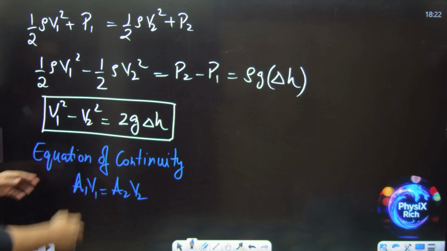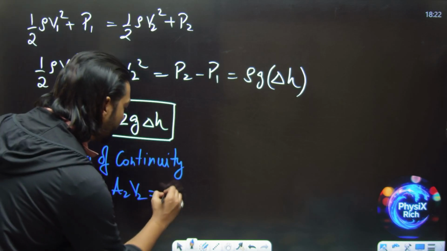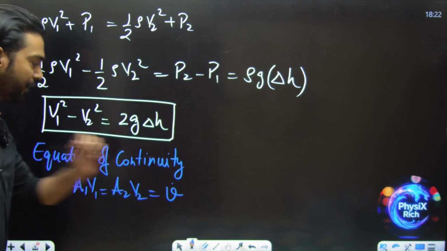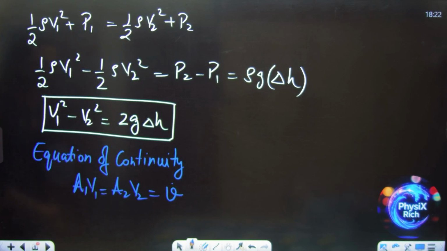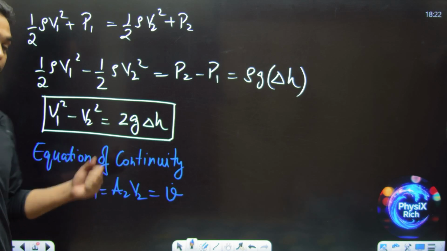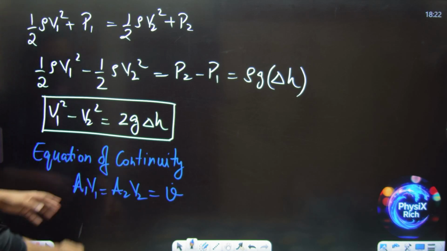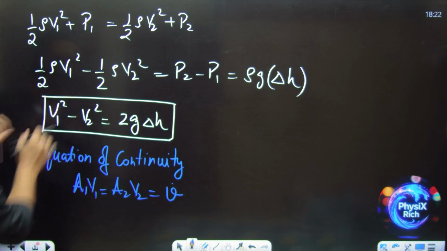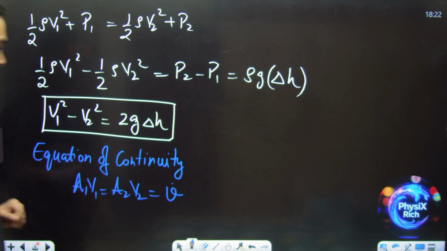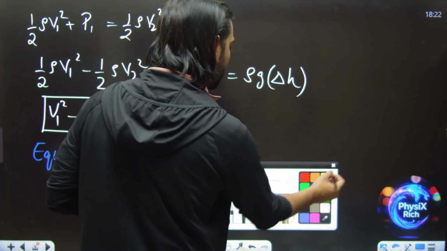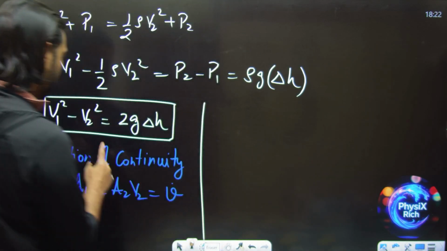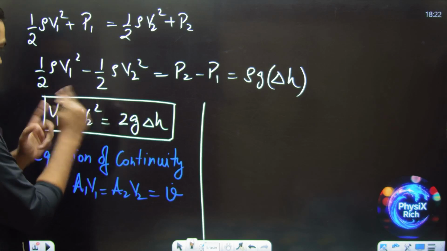What can we do about this? Actually, this is V dot, the volume flow rate. This is what we have to find, the product of A and V. So why don't we just put this over here and see what we get.